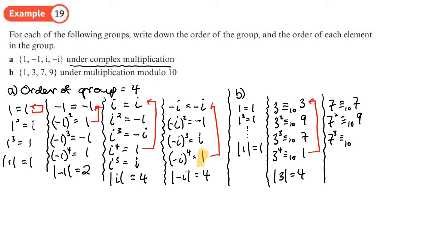That's 343, so that's remainder 3. 7 to the power 4 is 2401, so that's 1. Okay, 1's the identity. So we get back to there. So the order is 1, 2, 3, 4. So the order of 7 is 4.